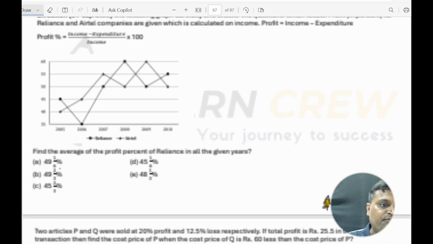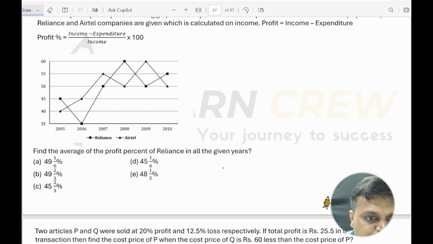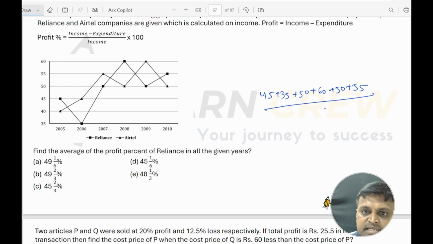Next, find the average of the profit of Reliance in all the given years. So for Reliance: 45 plus 35 plus 50 plus 60 plus 50 plus 55. How many years? 6 years.